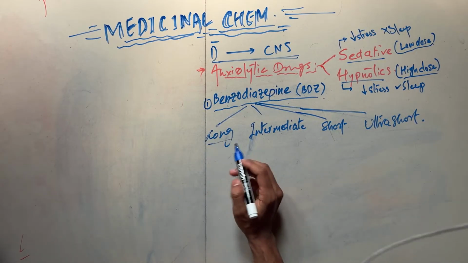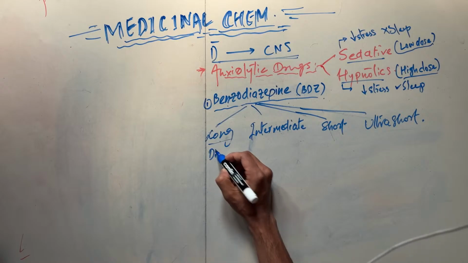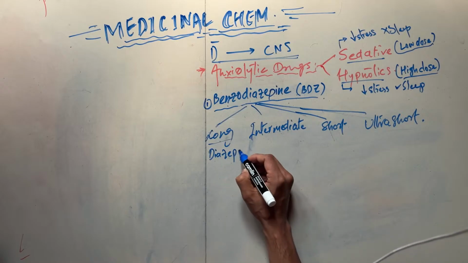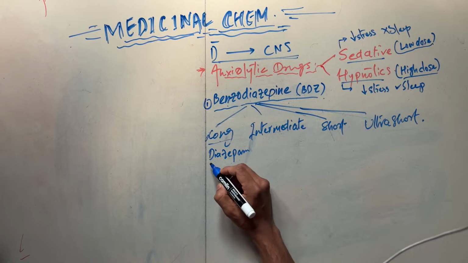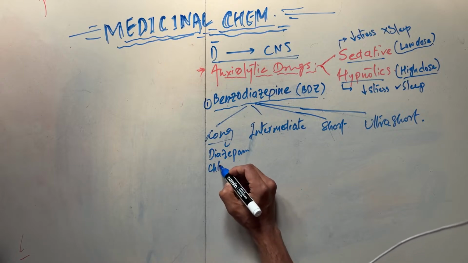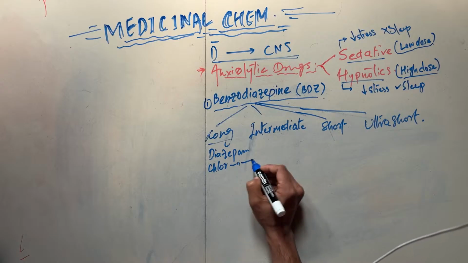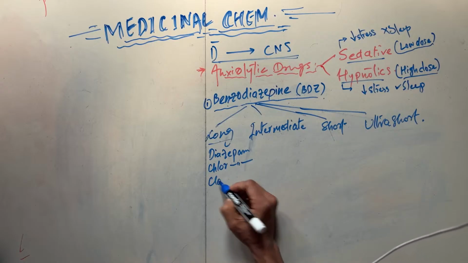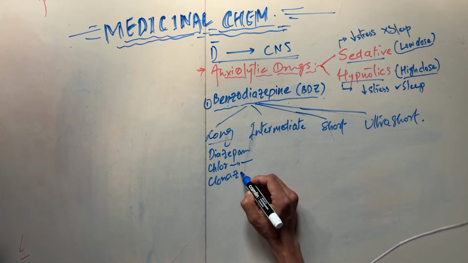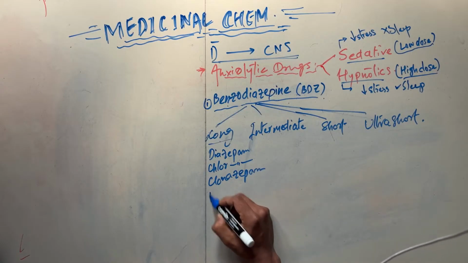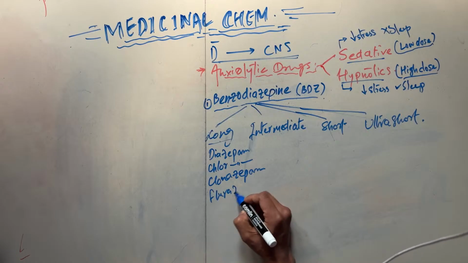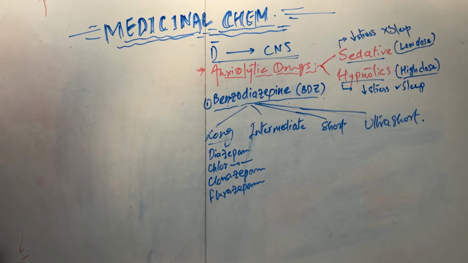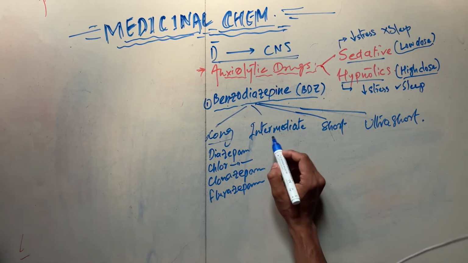Number one is diazepam, then chlordiazepoxide, then clonazepam, and then flurazepam. Again I will show you the structures. These are very simple. Only in clonazepam chlorine will be there, in flurazepam fluorine will be there, like this. Okay.